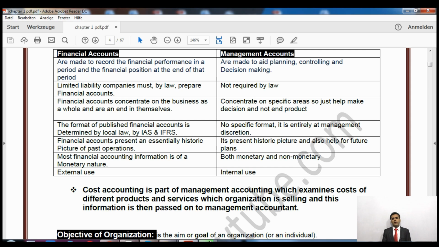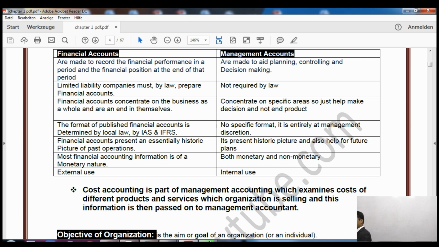Whereas in management accounting, because we are making it for our own purposes anyway, we can make it in whatever format we want, whenever we want, in whichever way we want. So there is no standard, all right? These are a couple of differences which I've told you. We will see some more in the notes as we read the notes now.